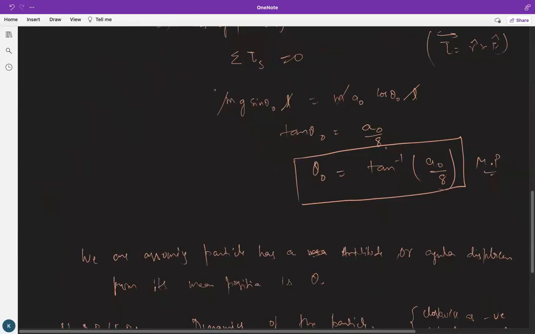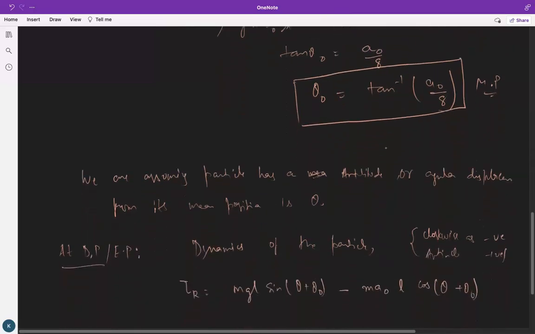So we have to write the equation at the mean position, and the equation at the displaced position, and use them to write the relation between angular acceleration and angular displacement. So we can calculate the omega square term here, and so we can get the time period.